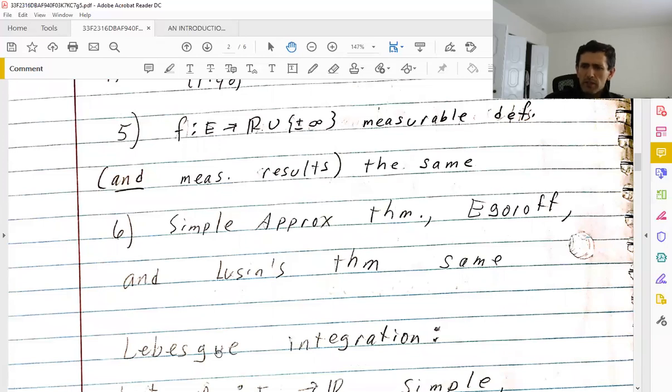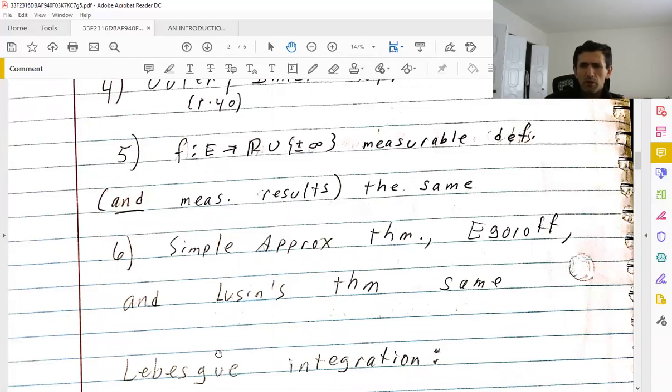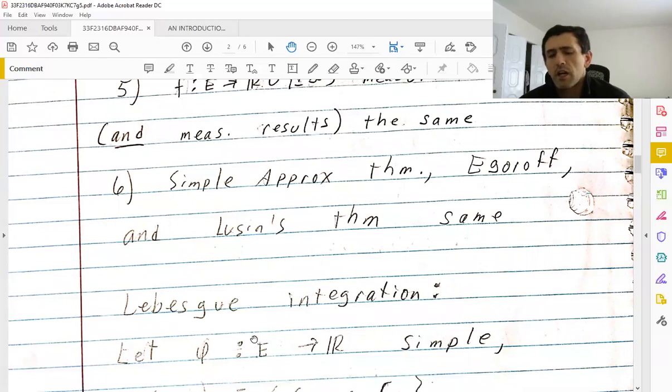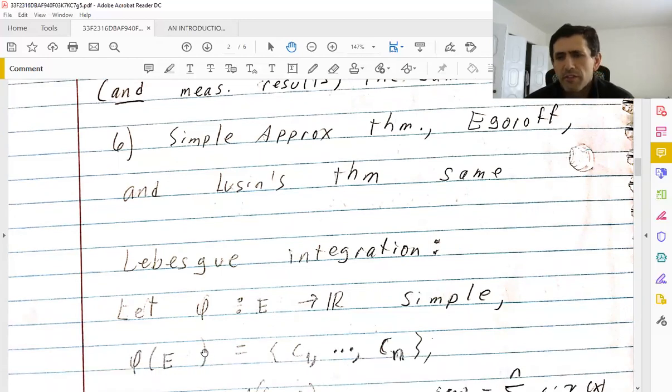Okay, so Lebesgue integration, let's talk about that very briefly. So first, you integrate simple functions. Okay. So let's say E is a measurable subset of R^d. Let's say phi is simple. The definition is exactly the same. A simple function is just a function whose image is a finite subset of real numbers.